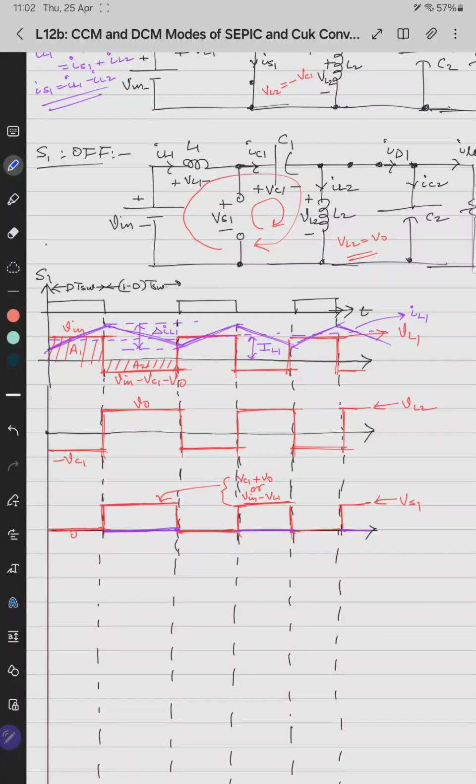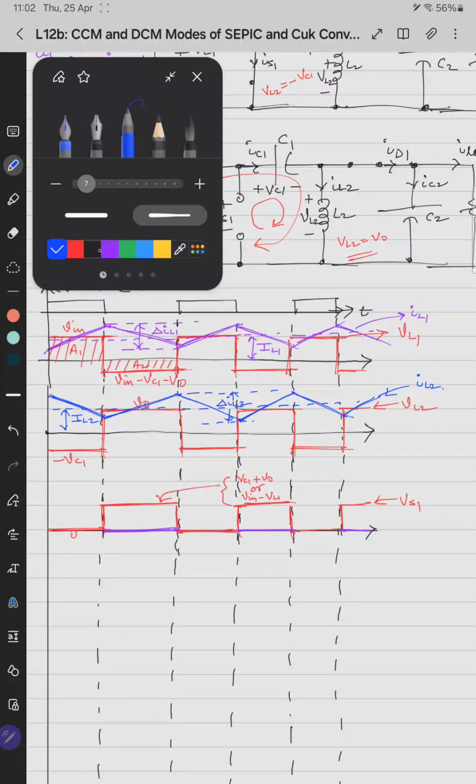So it will be like this, where this is delta IL2, this is delta IL2, and it has some average value. This is IL2. So this waveform is IL2.